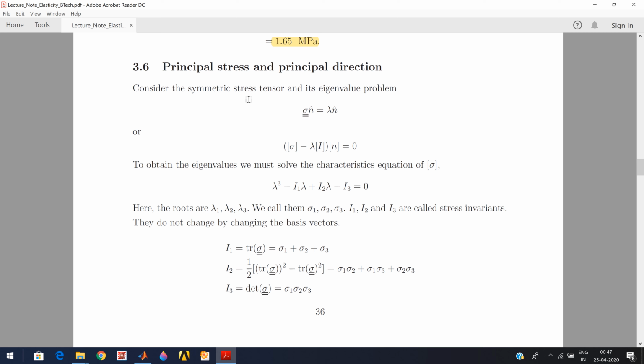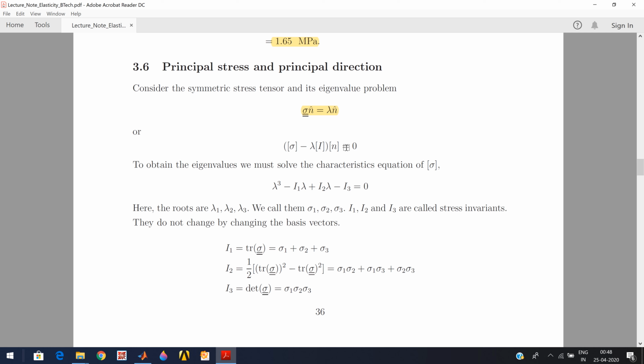For the eigenvalue problem of the stress tensor, sigma n equals lambda n. If n is such a vector that, when acted on by the tensor sigma, it generates a vector parallel to n, that is the statement of the eigenvalue problem.